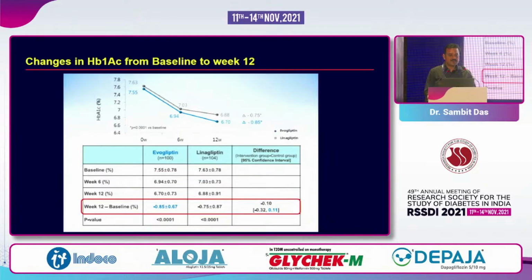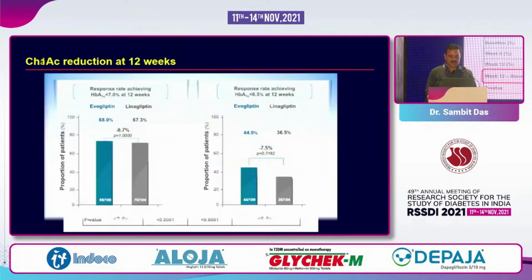What they found was that the change in A1c from baseline to week 12 with Evogliptin was almost 0.85%, in comparison to linagliptin, which was 0.75%. But that was a proof of non-inferiority only. That means the reduction of the A1c with Evogliptin is almost comparable to that of linagliptin.